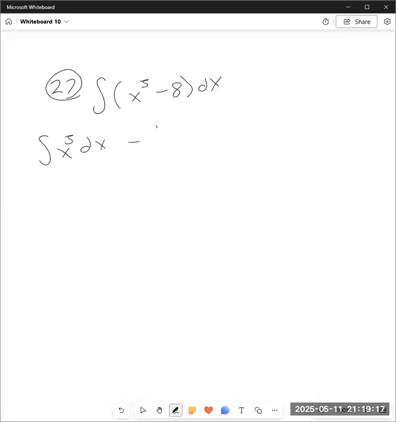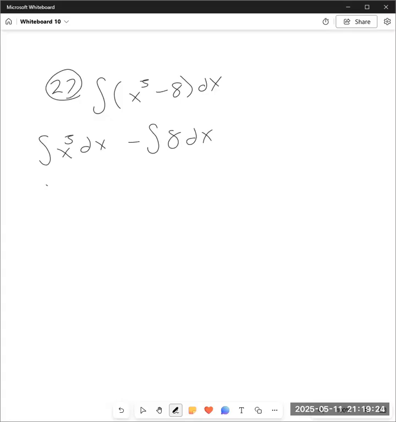Let's go ahead and look at 27. 27 says the integral of the quantity of x to the 5th minus 8 dx is the integral of x to the 5th dx minus the integral of 8 dx. Very similar problem here.